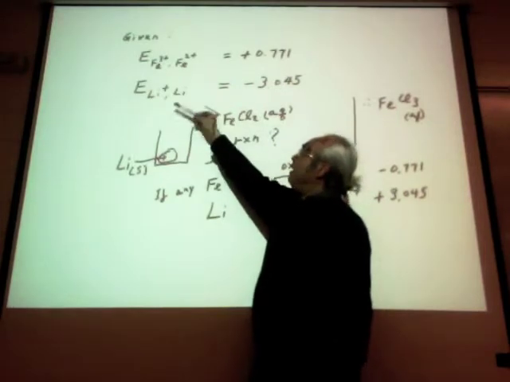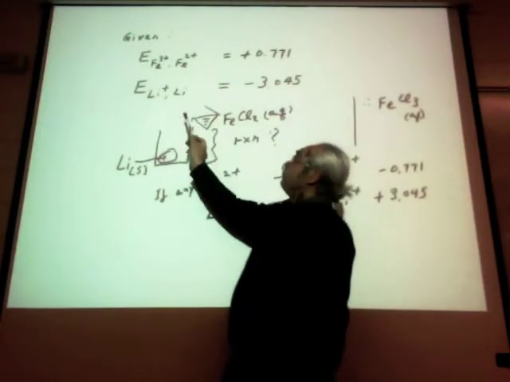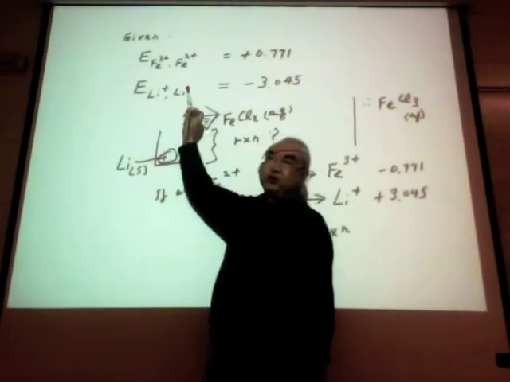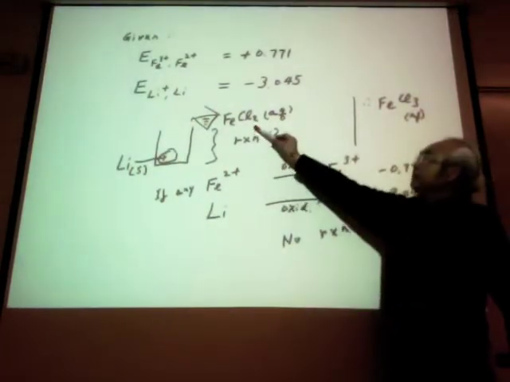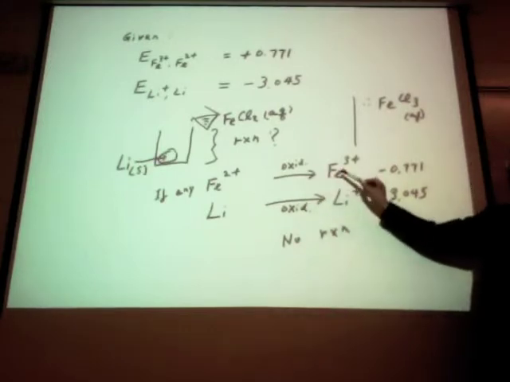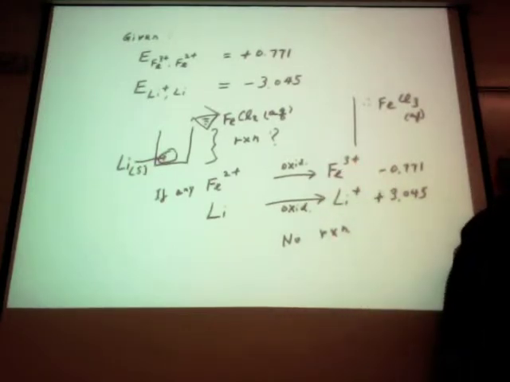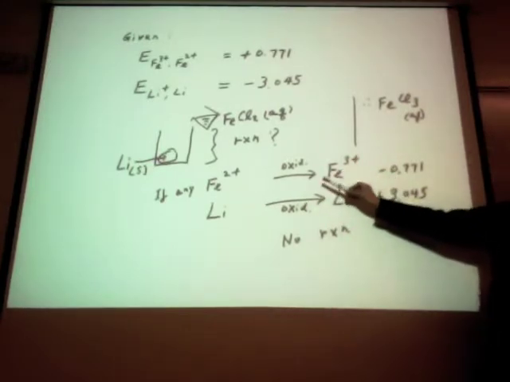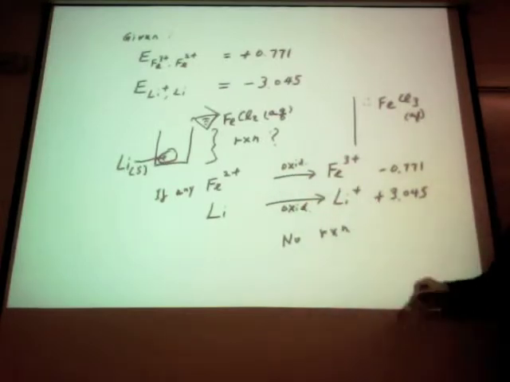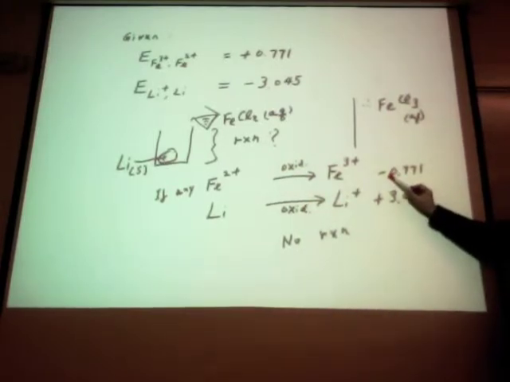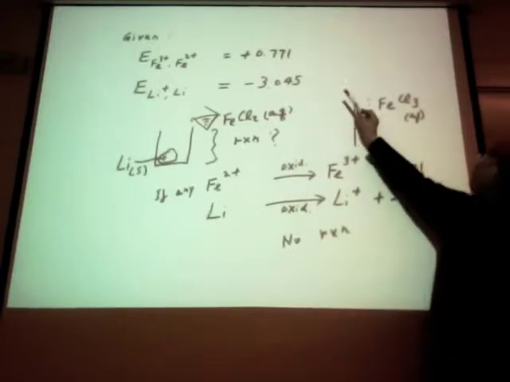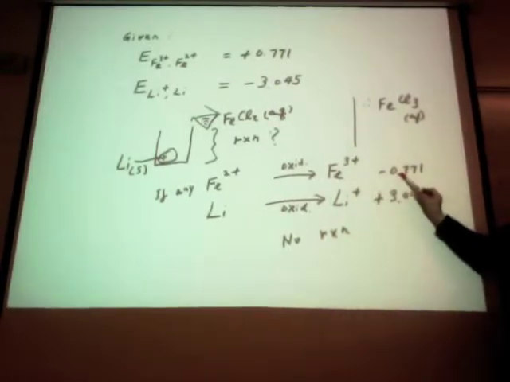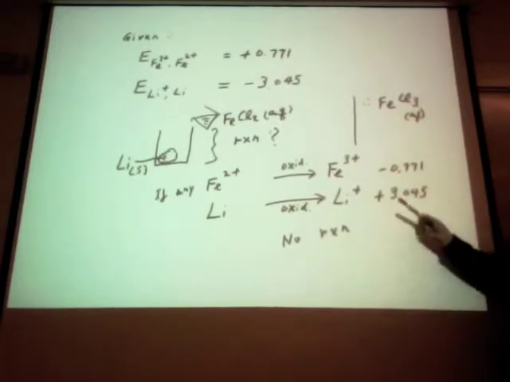You are asked to make the prediction based on the information provided. So in case anything happens, then you're going to form a 3 plus. So for this oxidation, your potential is going to be minus 0.771 instead of plus 0.771. You switch the other way around.